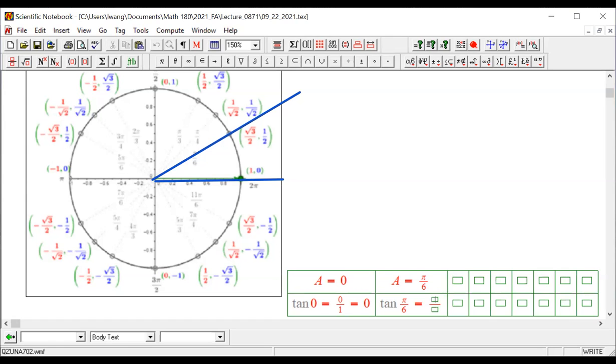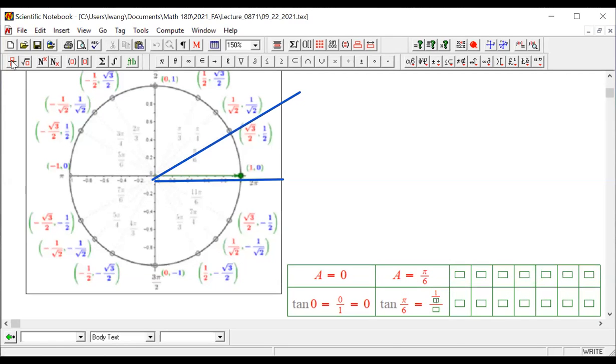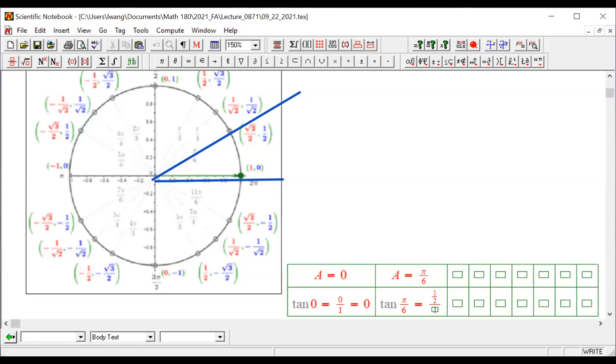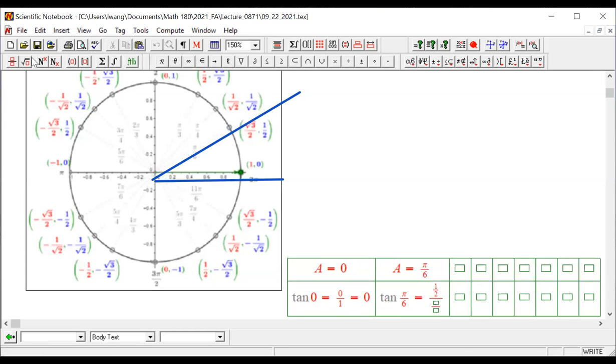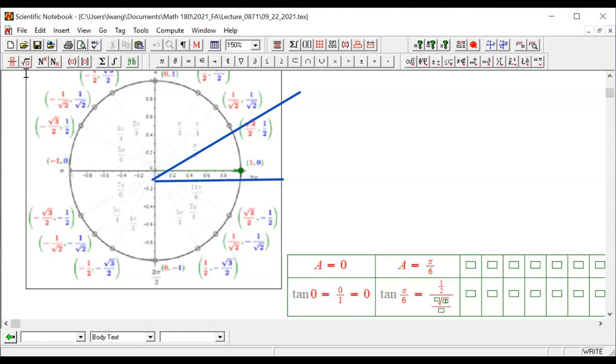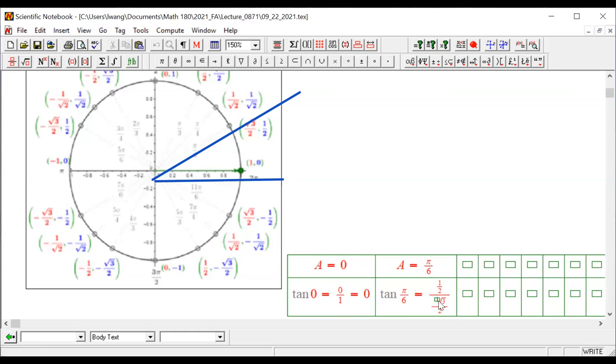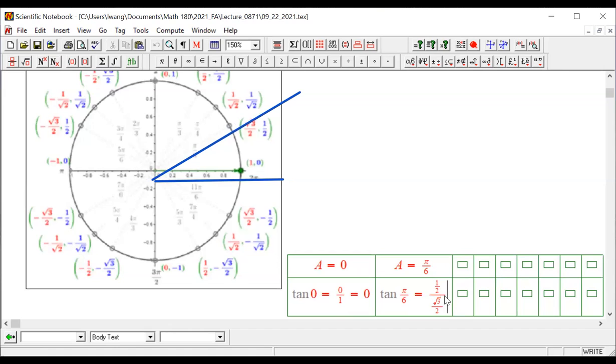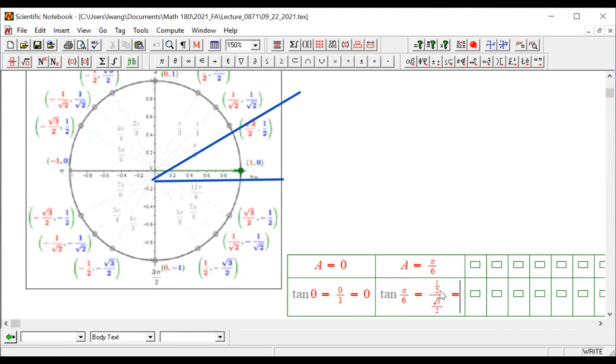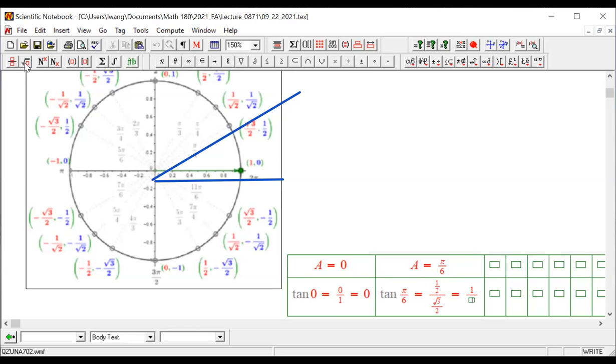The numerator is going to be 1/2, that's the blue. The denominator is going to be what? √3 over 2, right? And you're going to simplify this. The numerators cancel... the denominator is 2, therefore the answer here is just going to be 1 over √3. Okay, you don't need to rationalize it for now.